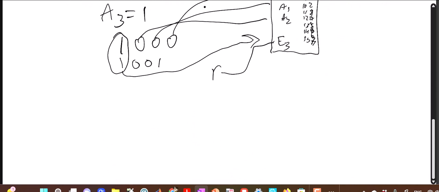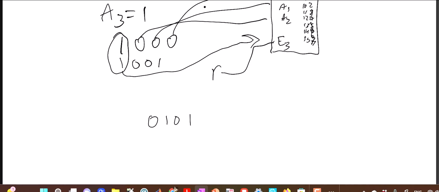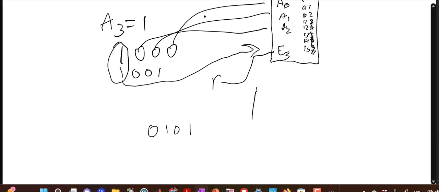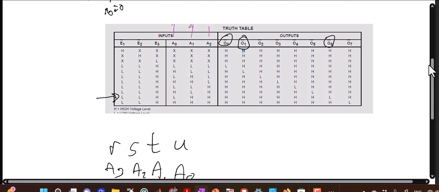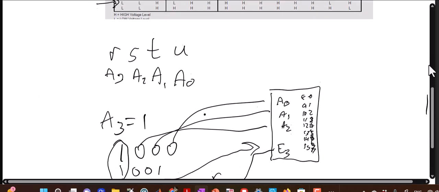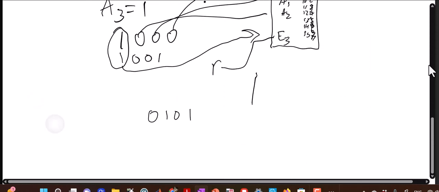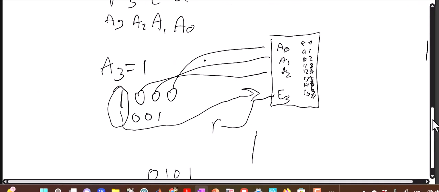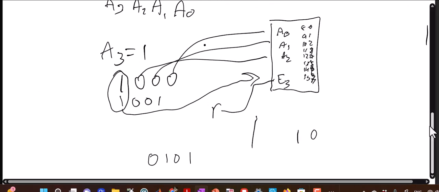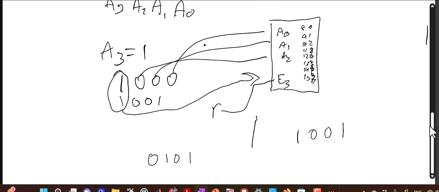If I had a number like 0, 1, 0, 1, then the 0 going into E3 means this decoder would not be enabled, because E3 needs to be high for it to be enabled. It'd be low, so you wouldn't get anything. But if I wanted 1, 0, 0, 1 to give me my output, then if this goes into E3, that will give me the correct answer.